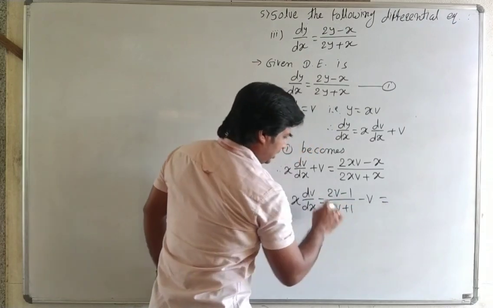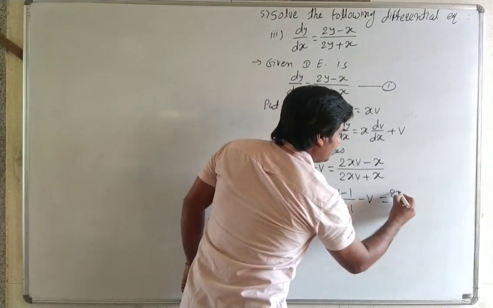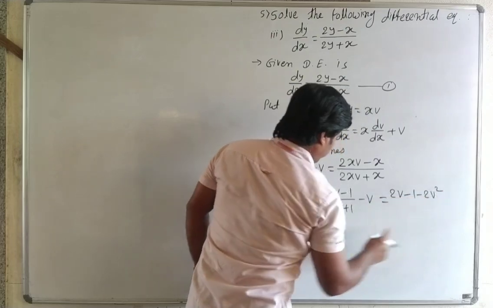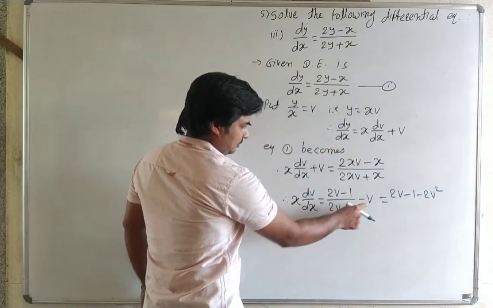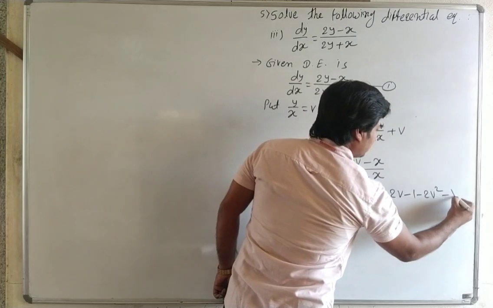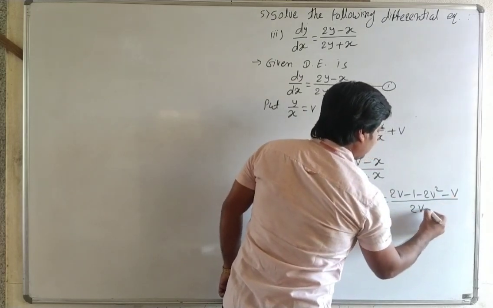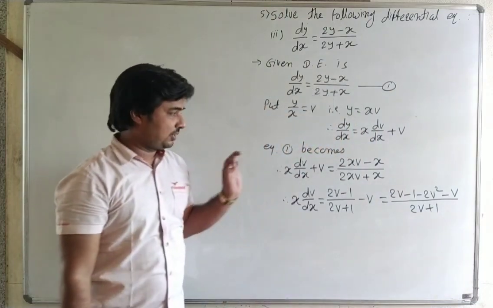Then here we take this calculation, it is 2v minus 1 minus 2v square and minus v upon 2v plus 1. See carefully this, okay.